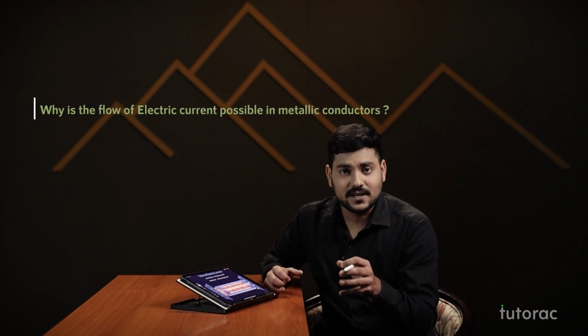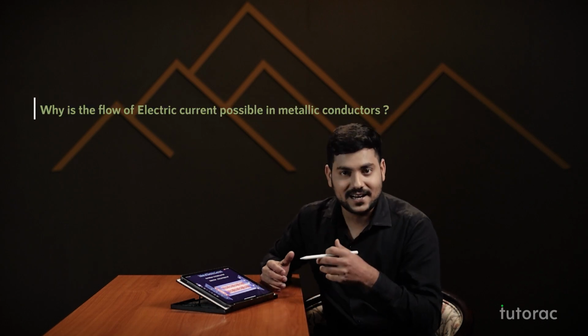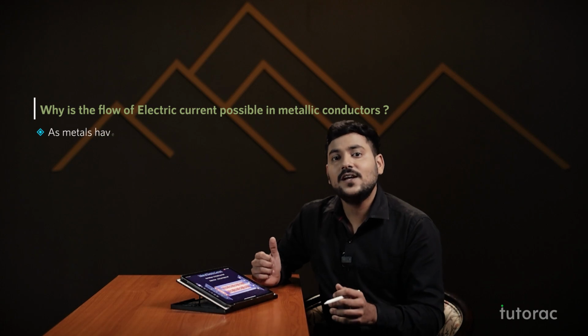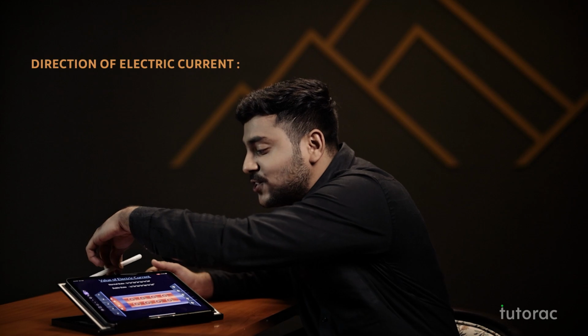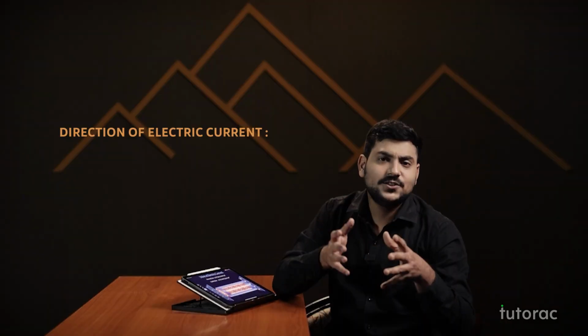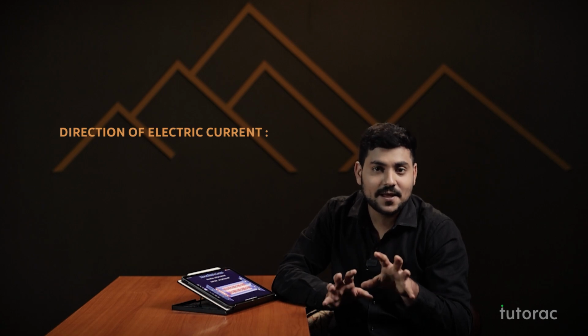Now, I think you know the intuition of electric current, and also why electric current is only possible in a metallic conductor, as they have free electrons. Now, let's try to understand the direction of the electric current. Benjamin Franklin, around the mid-18th century, thought that positively charged bodies had a certain amount of fluid in them, while negatively charged bodies had a deficiency of that electrical fluid.